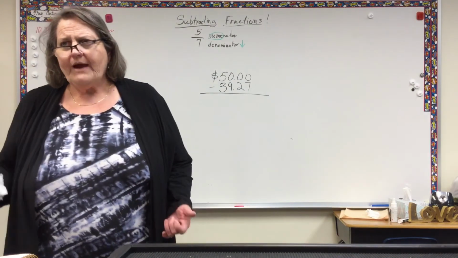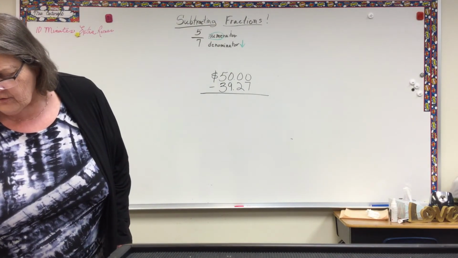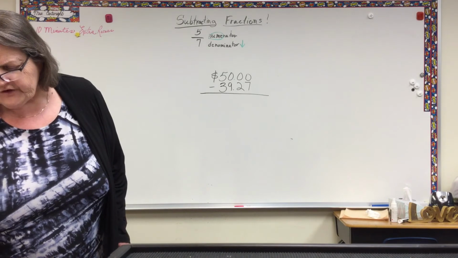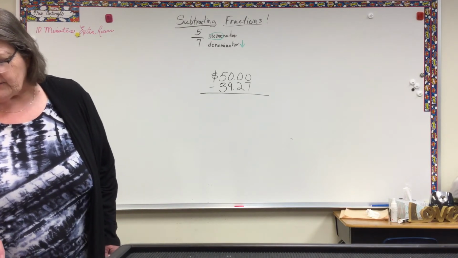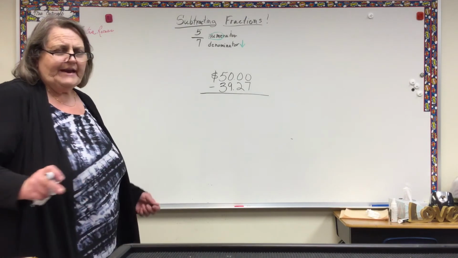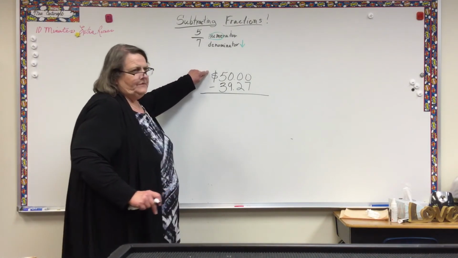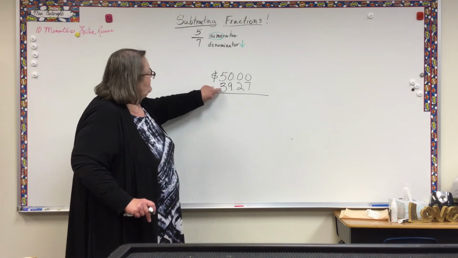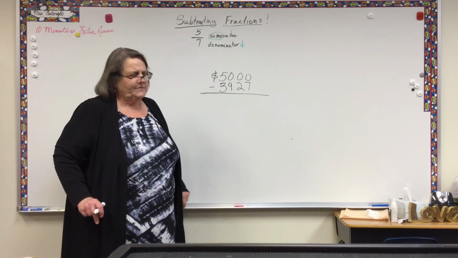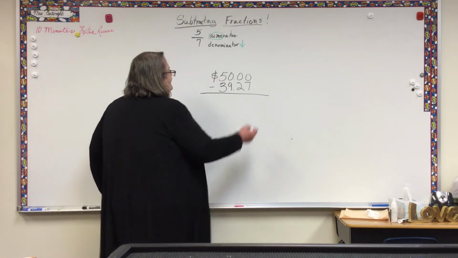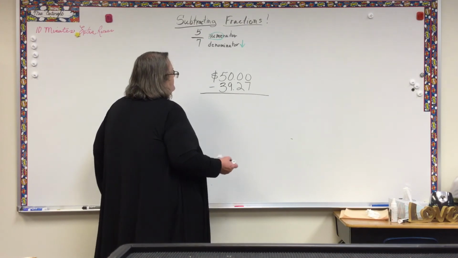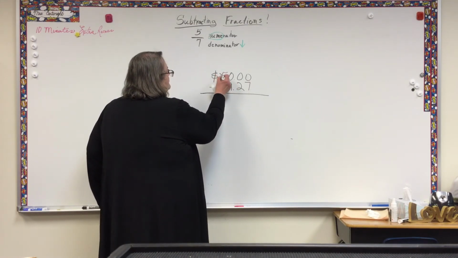So we got to subtract, okay? So how much change did she get back from $50? So the only way you can find that out is subtract, isn't it? Because this is our total, and then this is how much we spent, and we need to know the difference, don't we?